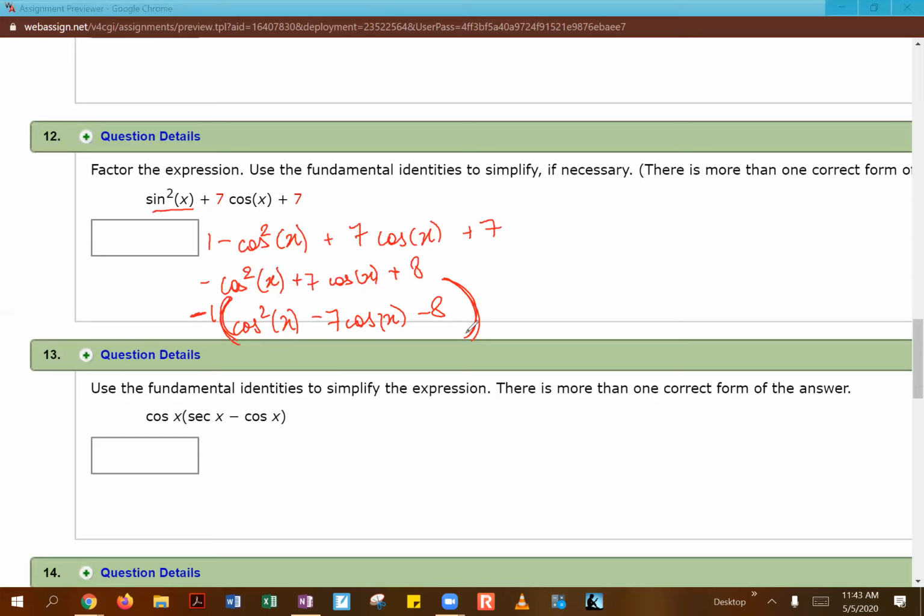You could use the trigonometry. Or you can always use the quadratic formula.